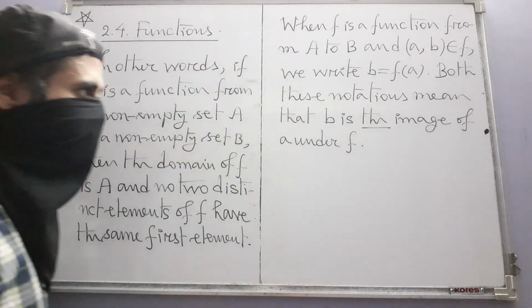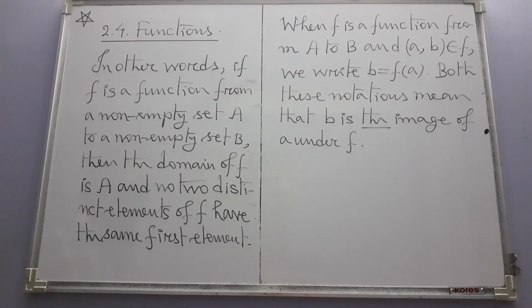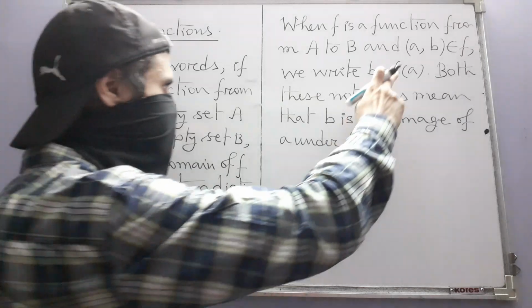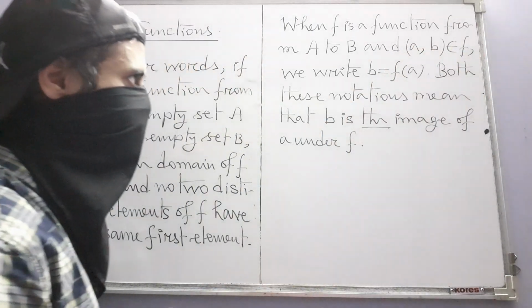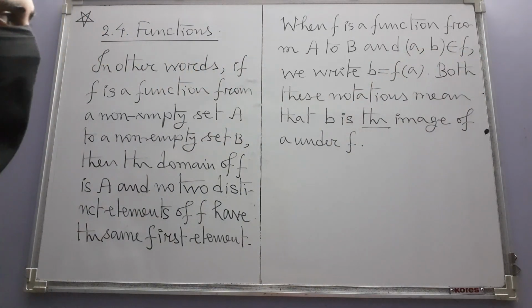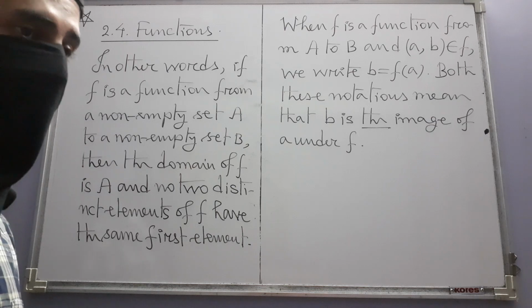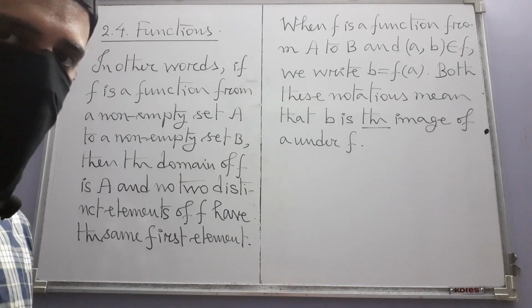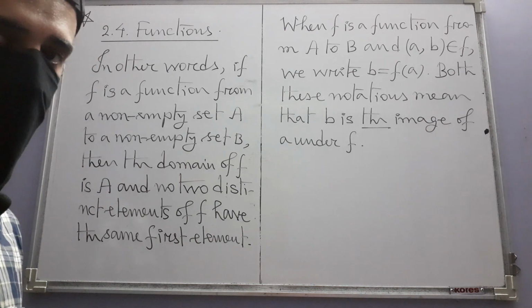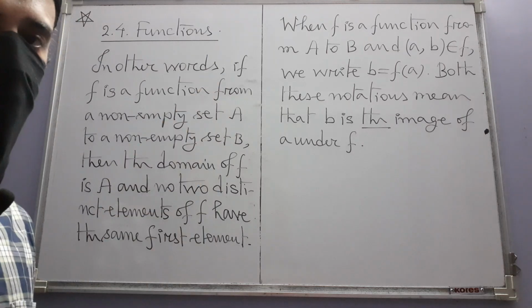Look at the article, the definite article: B. Normally when such an ordered pair belongs to f, where f is a relation, we say that B is an image, okay, under the relation of A.